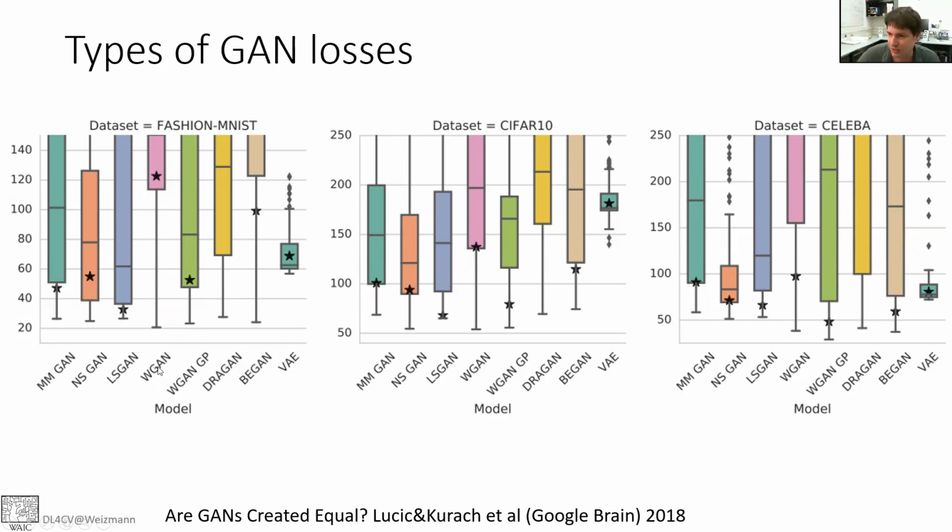The black star is where they put the results that the original paper of this work, say the LSGAN, the Wasserstein GAN, reported, that they were able to get. And this is nice because it shows how hard the students worked on this hyperparameter tuning.